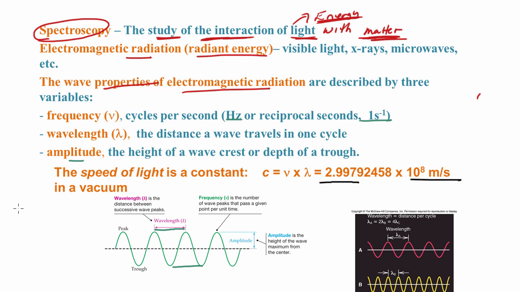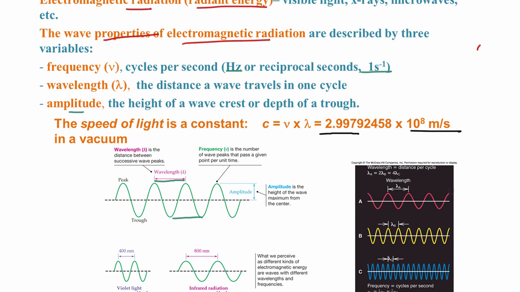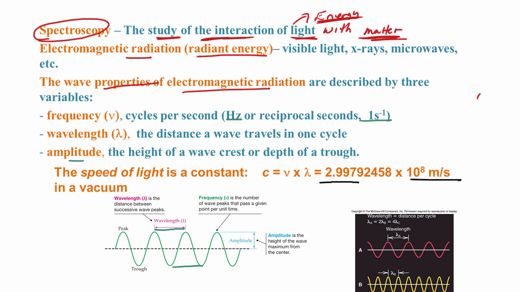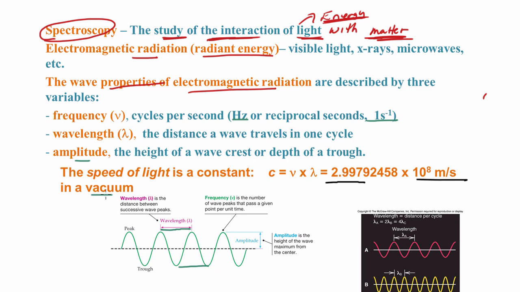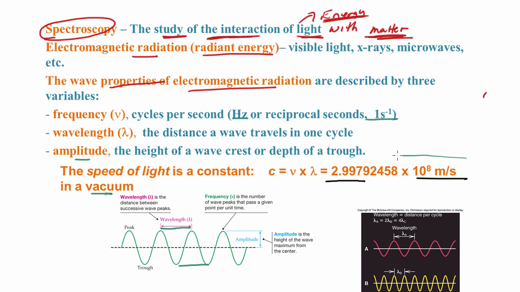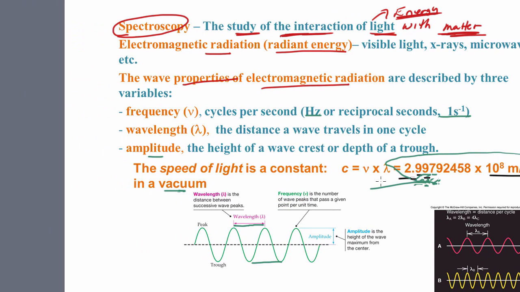Now, we can relate the frequency and the wavelength to its speed. So frequency and wavelength are inversely related. The longer the wavelength, the lower the frequency, and vice versa. The product of the frequency and the wavelength is the total length of the wave that is past a given point in 1 second. This is the speed of the wave. Now, the speed of light is constant in a vacuum, and it is given this value right here.